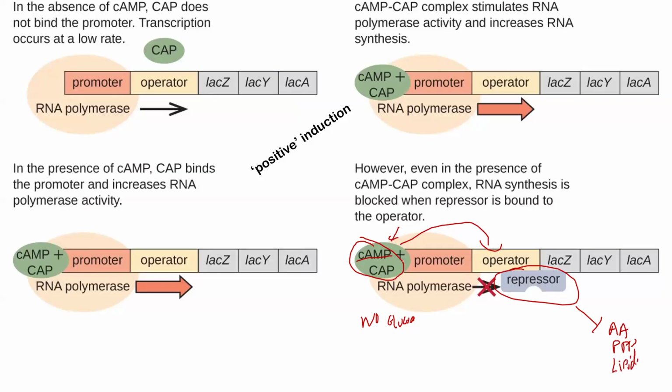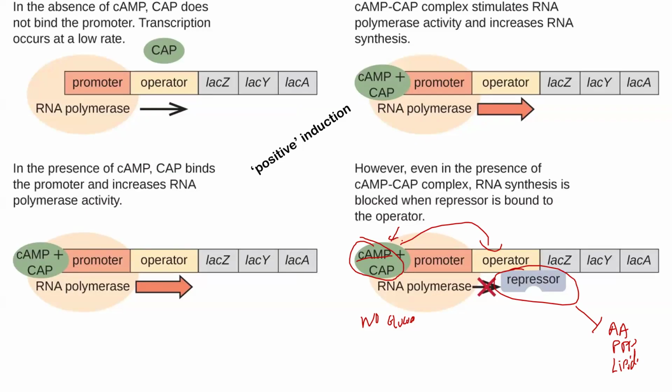So cAMP will positively induce sugar metabolism, but repress biosynthesis of other macromolecules. And this makes sense because, again, the reason you have AMP is because you have a lack of ATP.